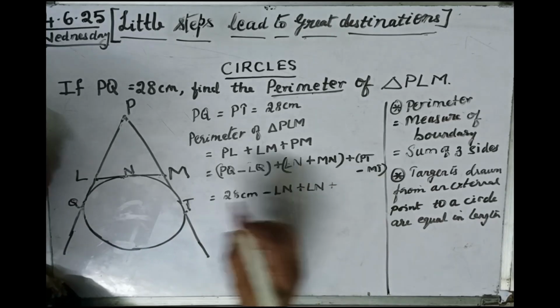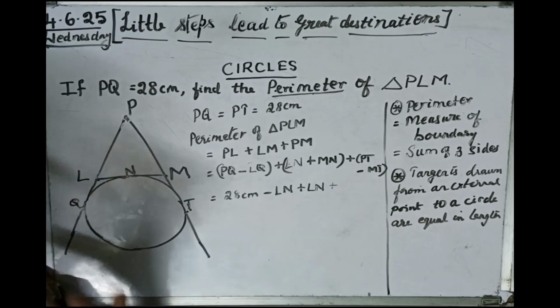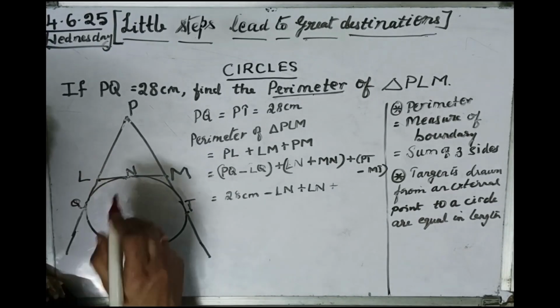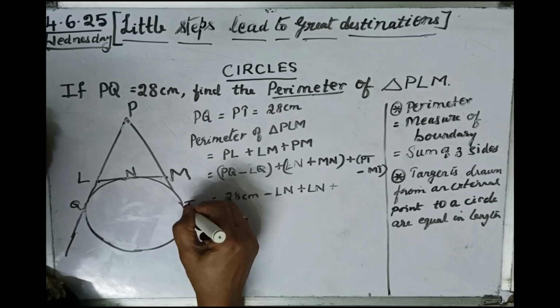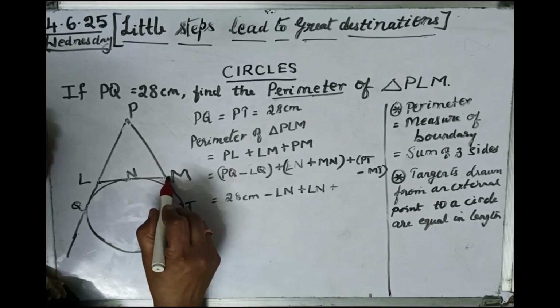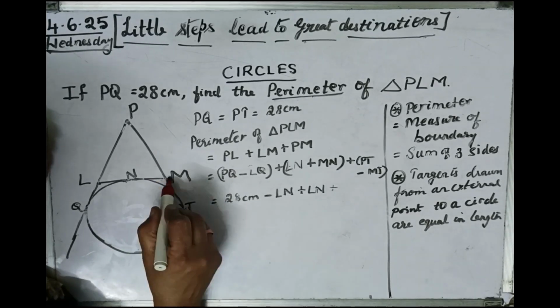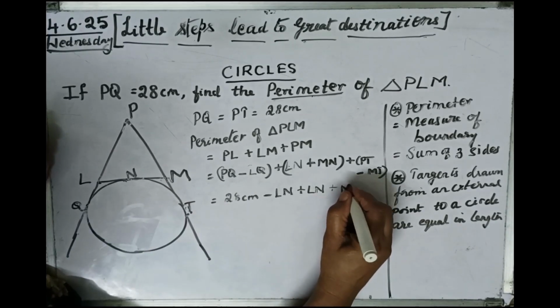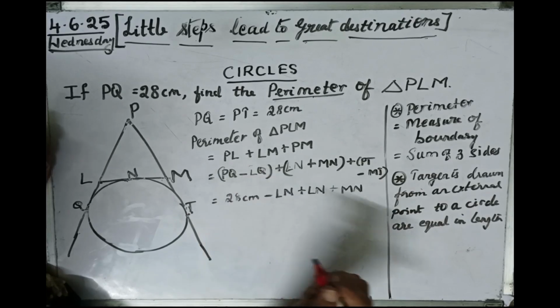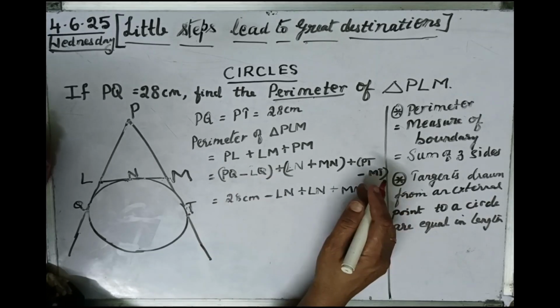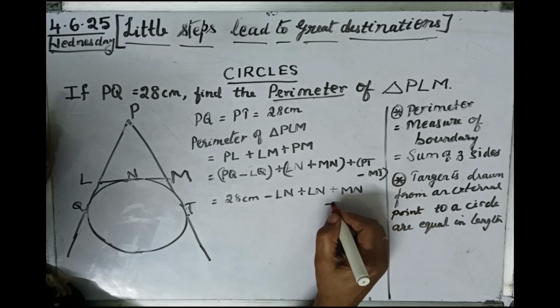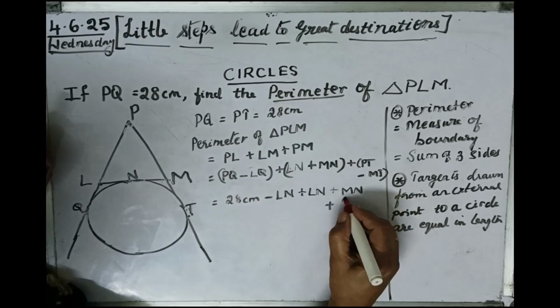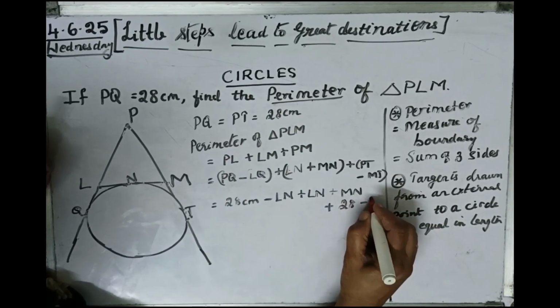Then comes MN. MN also can be retained as it is, because MN's length and MT's length are equal, as M is the external point through which two tangents are drawn to the circle. So I can say MN as it is, MT replaced by MN, with PT's length taken as 28, which is already there, minus MN here.